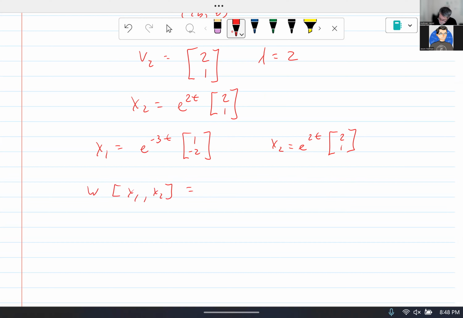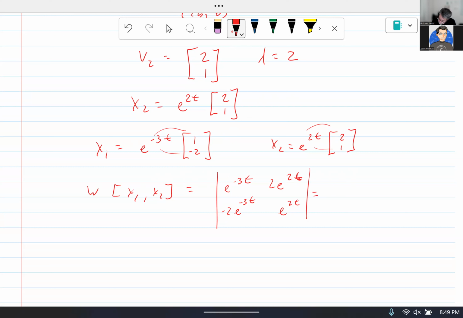The top x1 is going to look like e to the negative 3t, and I'm just going to distribute, so that's e to the negative 3t, and then negative 2e to the negative 3t, and then 2e to the 2t, and then e to the 2t. And that should really be the determinant of that.